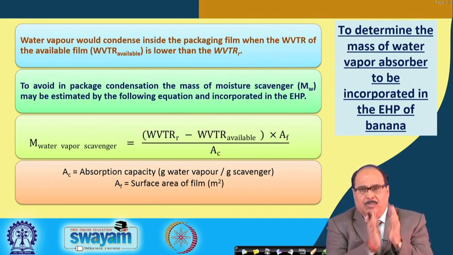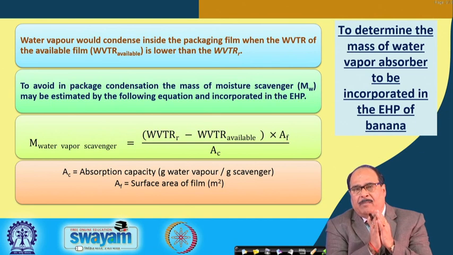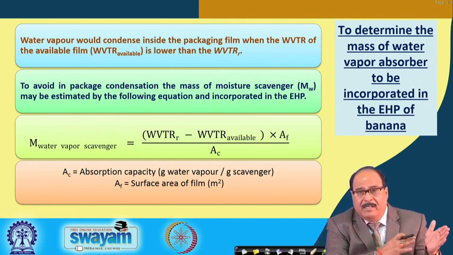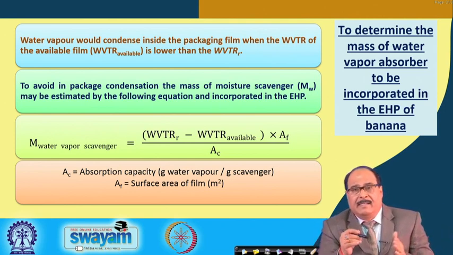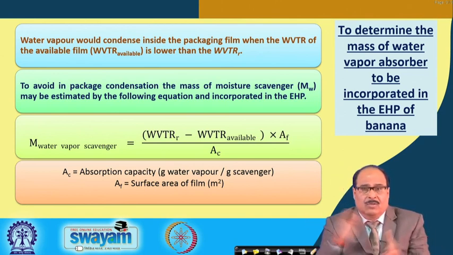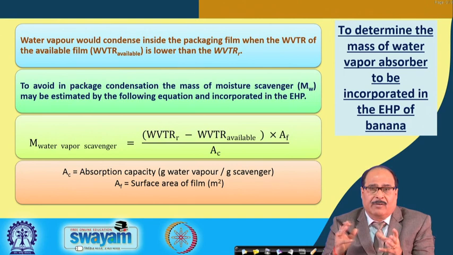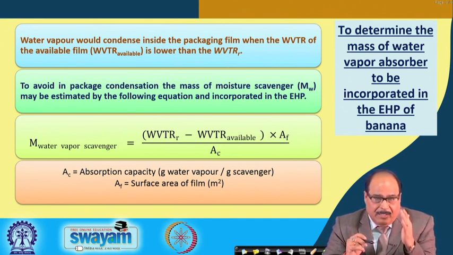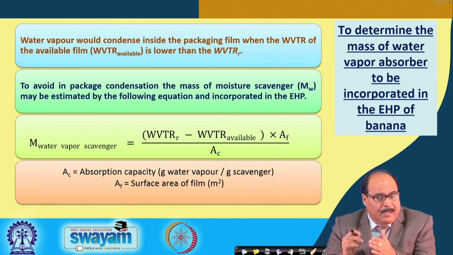So, you need a specific WVTR of the packaging film to maintain that humidity, or to allow the interchange of the water vapor from inside to outside or outside to inside, so that the humidity is equilibrated and maintained. Suppose by your experiment you found what the WVTR available is. If it is less than the WVTR required, obviously there will be excess moisture.